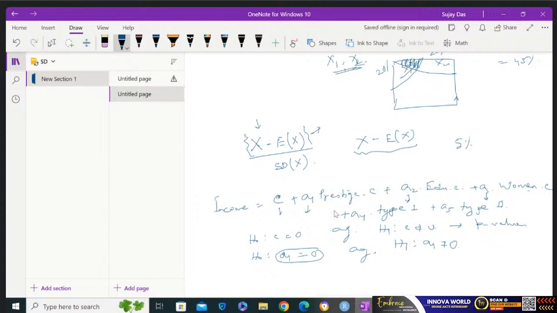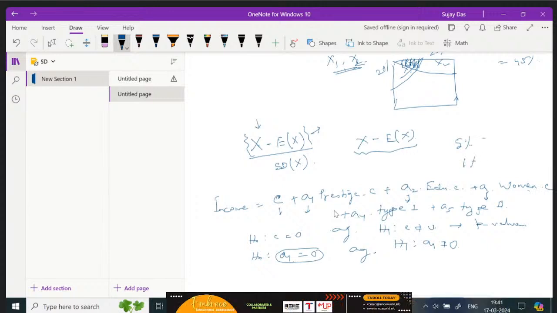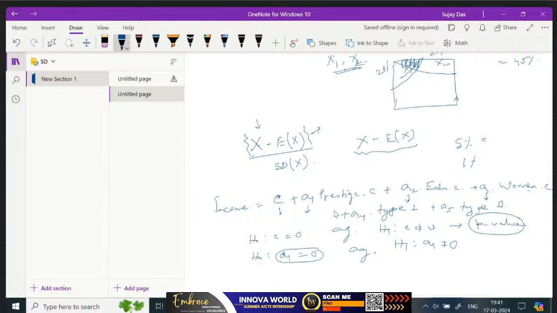I'm assuming that you know what the 5% level and 1% level are. If we are testing at the 5% level, we will compare the p-value with 0.05, and if we are doing the test at the 1% level, we will compare our p-value with 0.01.